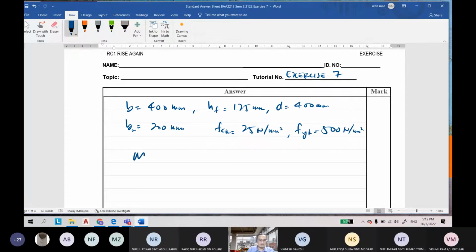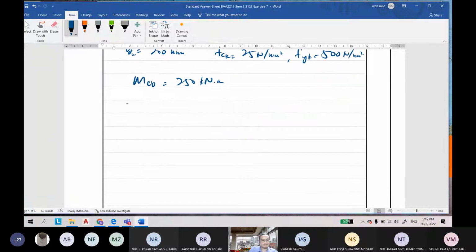Given MED is equal to 250 kilonewton meter.